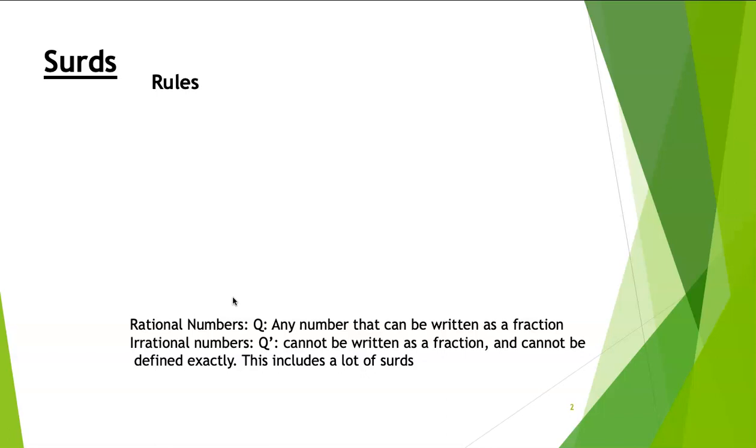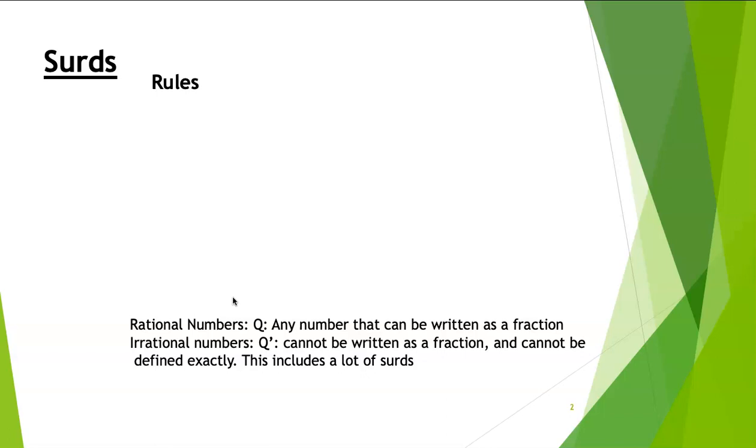Now, square root of 4, because you can find the square root of 4, which is 2, is a real number, not a surd. What we're going to learn today is how surds are just numbers at the end of the day. They are irrational numbers, but they are numbers. So you can add them, subtract them, multiply them, divide them, and simplify them. That's what we're going to learn: how to manipulate surds.